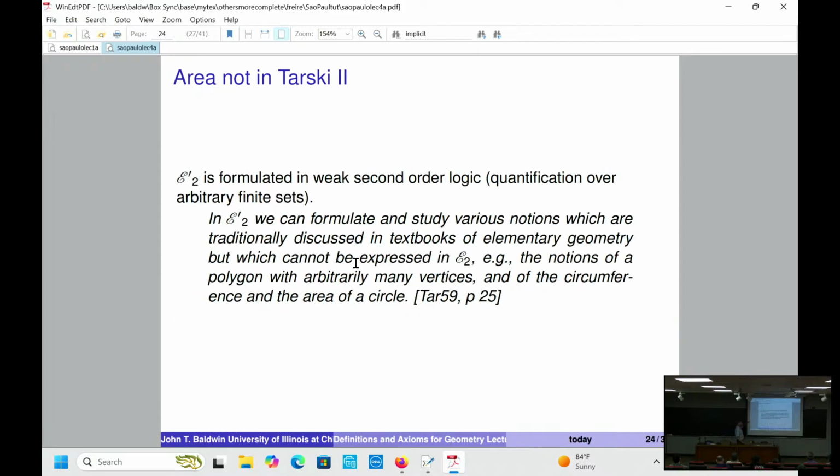Yeah, so this is what, oh, no, I'm sorry, I've got it wrong. E2 is just, the 2 is for the plane, and then the prime is when he goes to second order logic. That's a weak second order. Okay, and this is Tarski's elementary geometries paper.